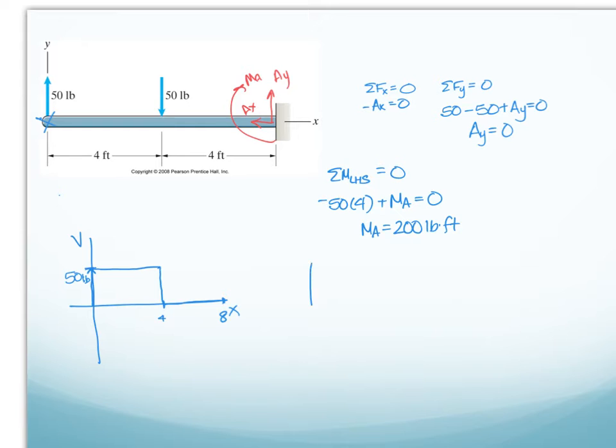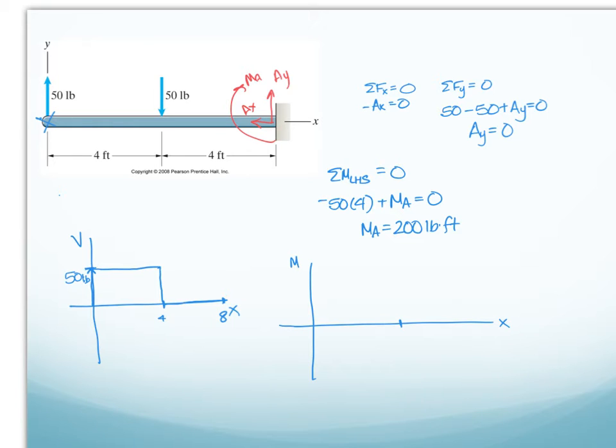Now, what Chris had pointed out today in class was that he noticed that the slope of the bending moment diagram was equal to the shear force.